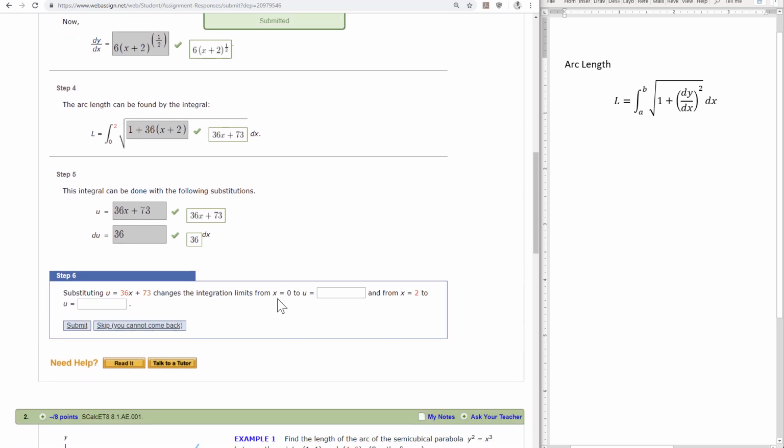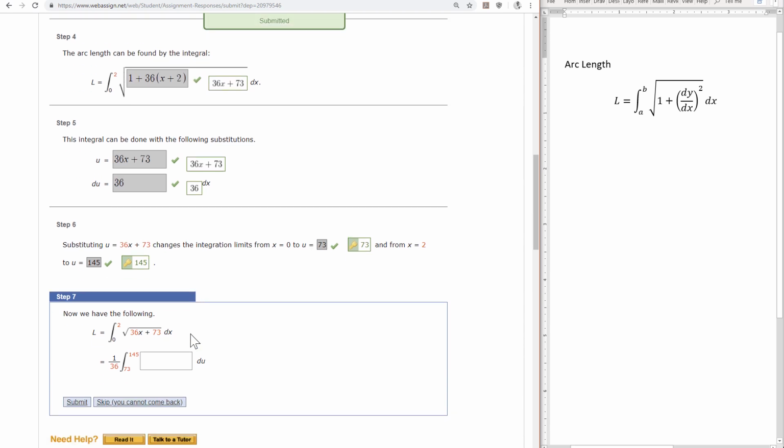And so now doing the substitution from 0 to 2, when we put 0 in for x, in our u expression, 0 goes, and then that's going to give us a 73. And when we put 2 in for x, this is going to be 36 times 2 is 72, plus 73, that's 145, I believe.